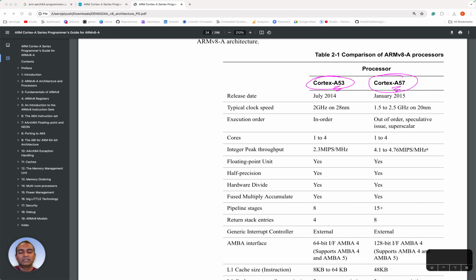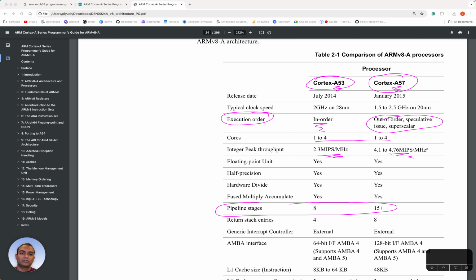So you can think of these as two bicycles created by following the same architecture document. But now what you'll notice is their features are different, right? For example, the execution order: one is in order, one is out of order, speculative, and superscalar. Then the number of cores is pretty much the same. Their peak performance is different. Then, okay, pipeline stages are different, right?